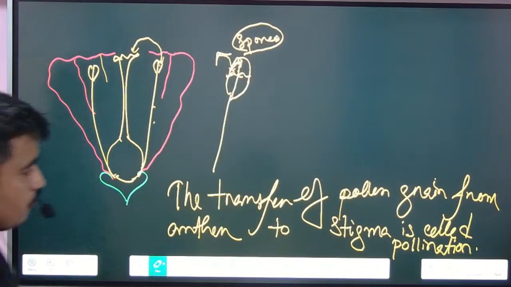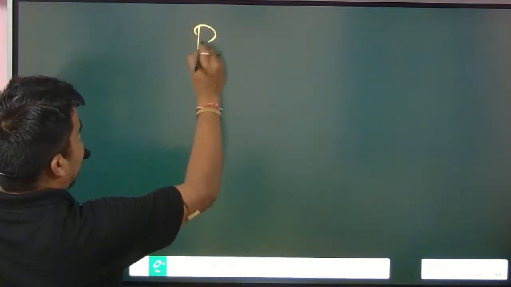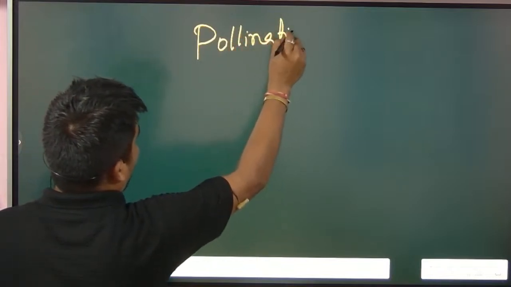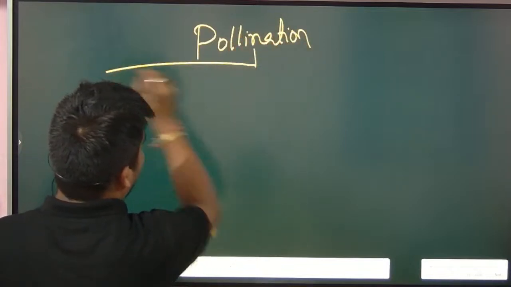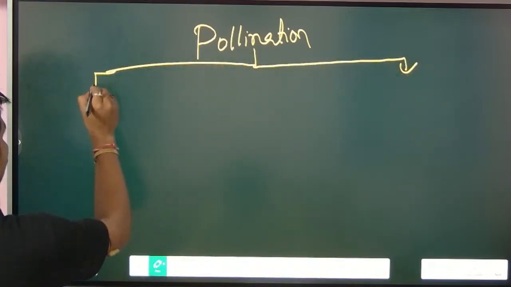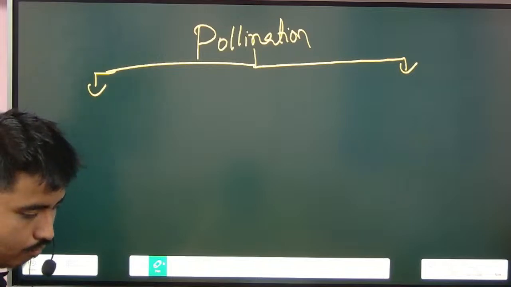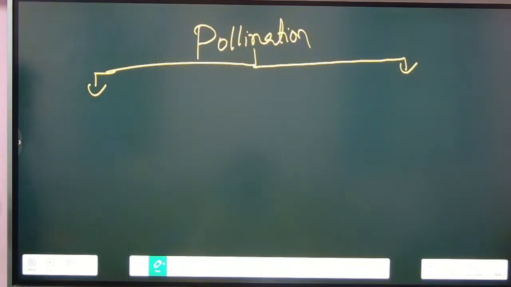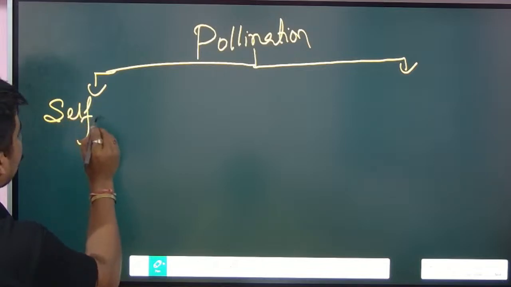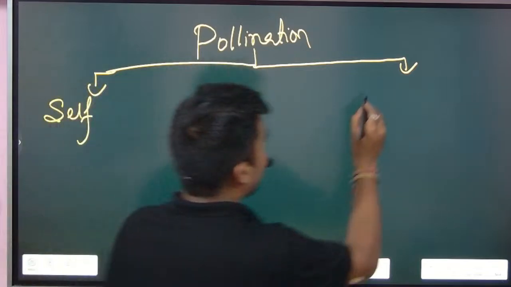And this pollination can be classified into two major divisions. One is self pollination, other is cross pollination.